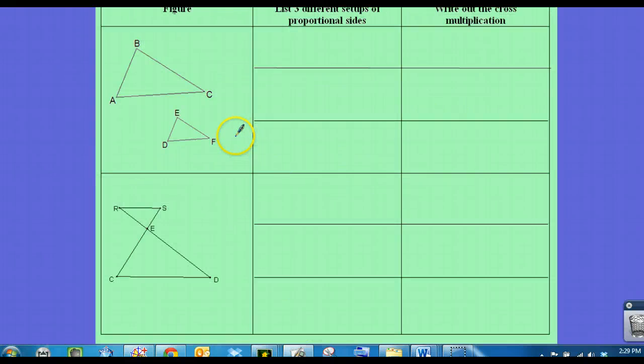So if that's the case, let's go on to what this looks like as far as setting up proportionate sides. Let's set up the 3 different proportionate sides, and then we'll write out the cross multiplication. AB over DE equals BC over EF.